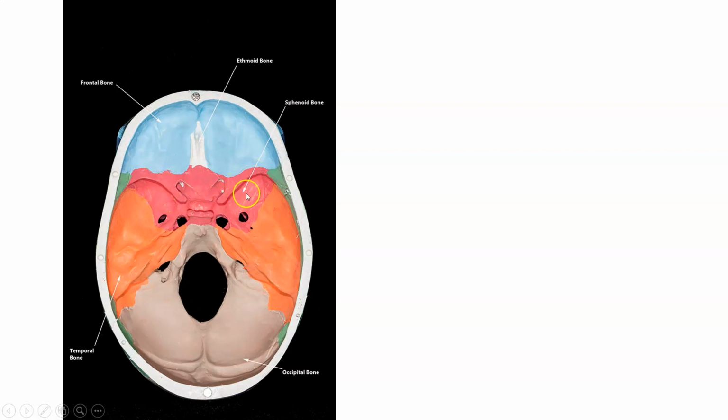We saw a portion of that on the outside. Here's more of the temporal bone you can see from the inside. And here is the occipital bone we can see from the inside. This large hole is called the foramen magnum. Foramen means hole through a bone. And this is where the brain and the spinal cord meet.